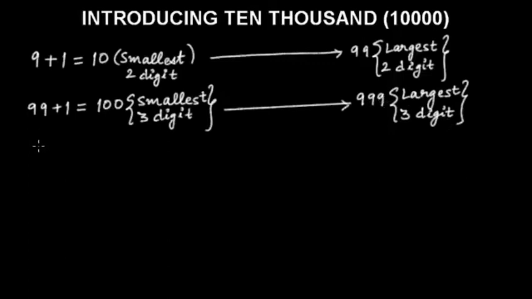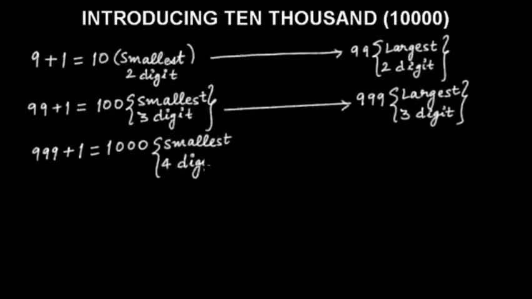What if I add 1 to 999? This will be 1000. So if I add 1 to the largest 3-digit number, I get 1000, and 1000 is the smallest 4-digit number.